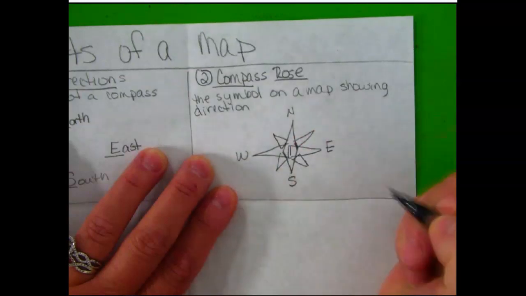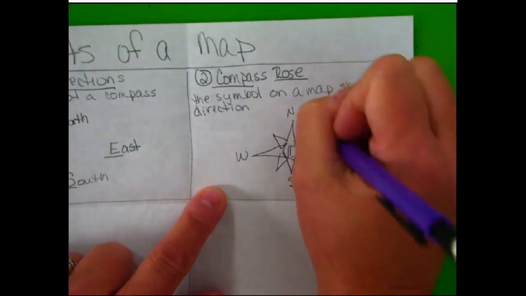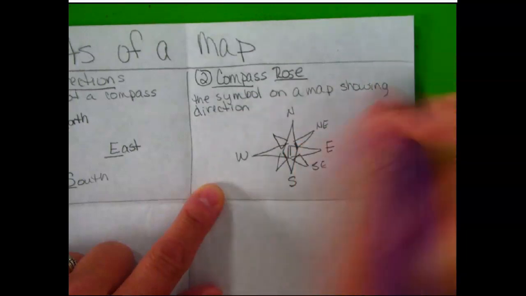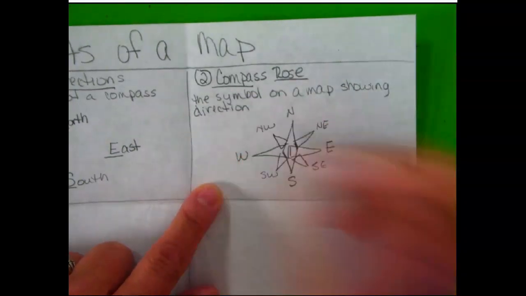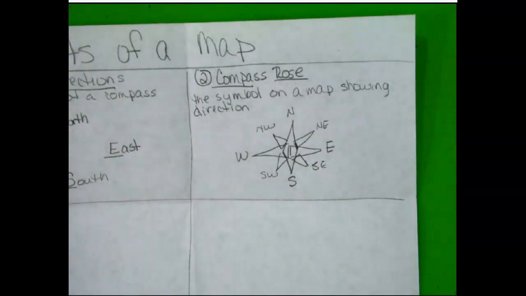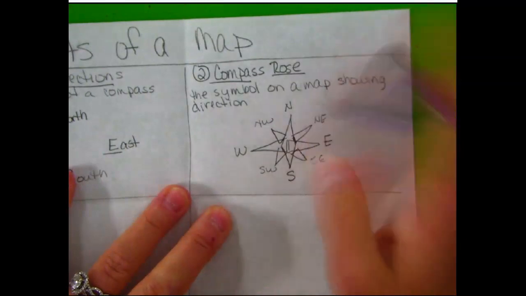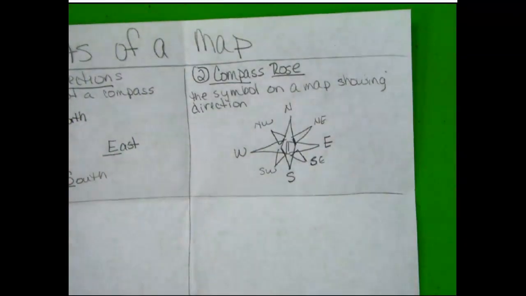I said, not real good at drawing these, but you kind of get the idea, right? So this would be northeast, southeast, southwest, and northwest. Do the best you can. Might even try to make my letters look a little better. There we go. So that is essentially what a compass rose looks like. Remember, you can pause if you need to catch up.